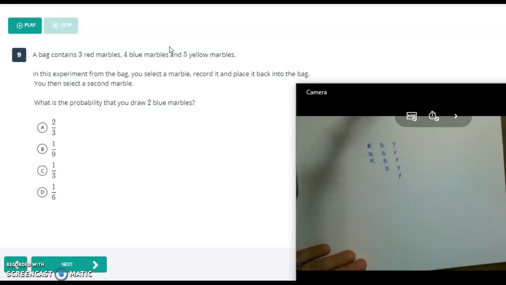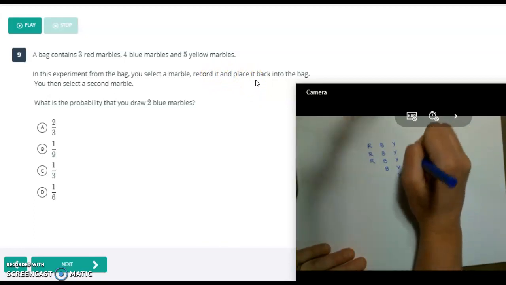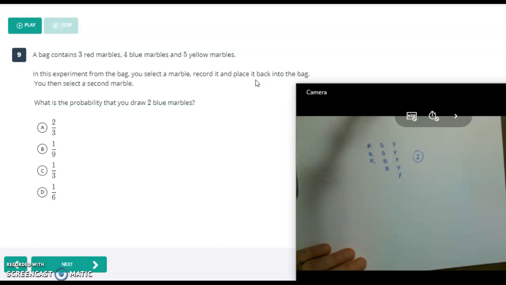Okay. In this experiment, you select a marble, record it, and place it back into the bag. This is different than the one we just worked in question number 6. This one says we're going to place it back into the bag. This makes this an independent event because whatever we get in the first, it doesn't matter, we're putting it right back. And then we select a second marble.